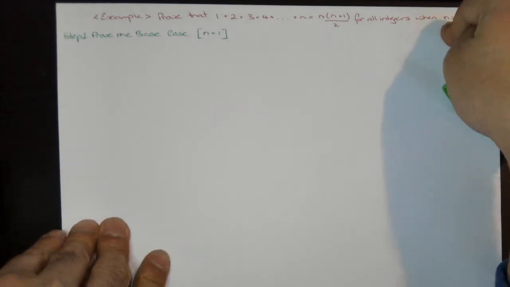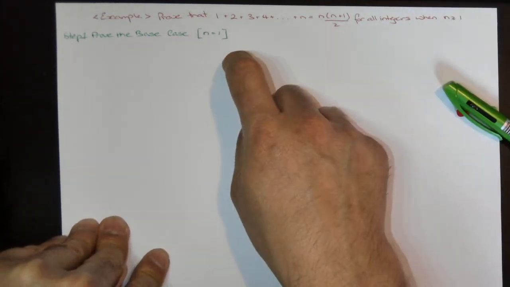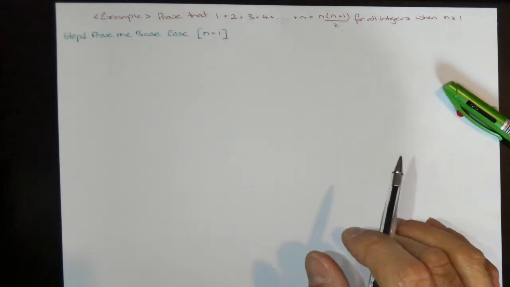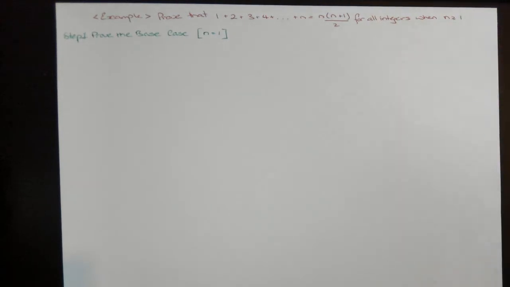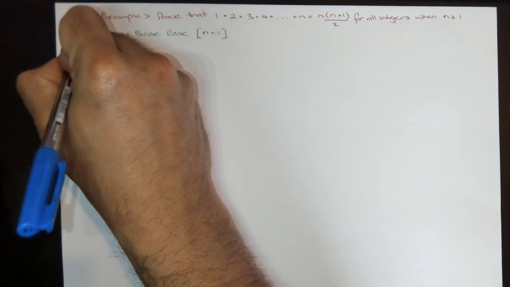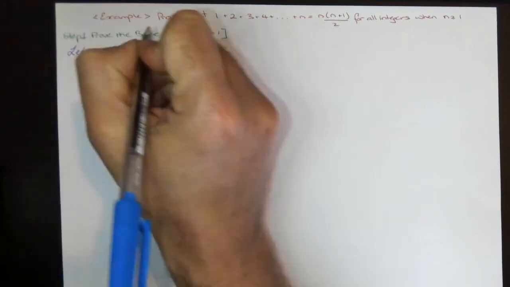We could have a base case where n equals 0. We don't usually have anything past that because it would be counterintuitive. You can, but in this course we definitely wouldn't. Okay, so here we let n equal 1.